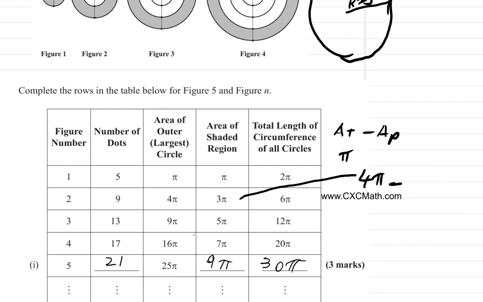It was minus pi. Remember, it's 4 pi minus the previous one here, giving you 3 pi. But the previous area was pi by 1 squared. Alright?